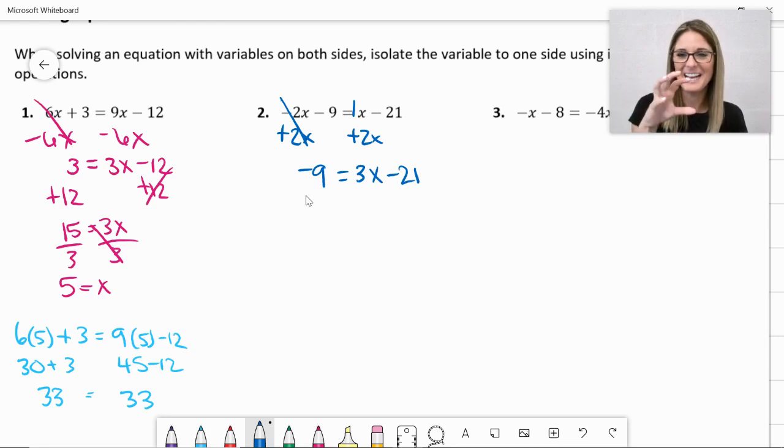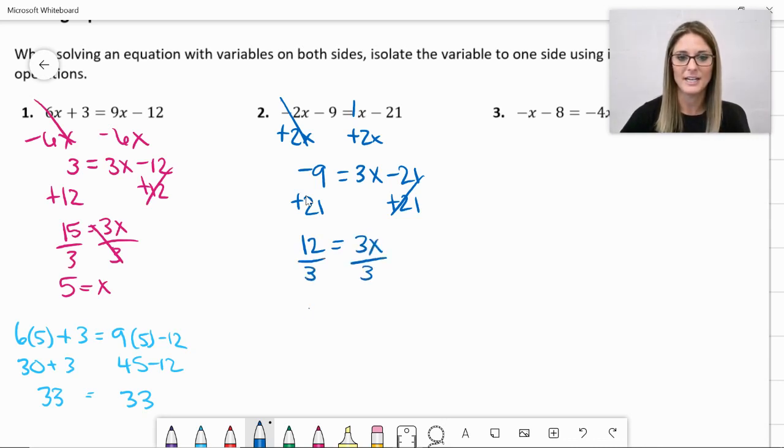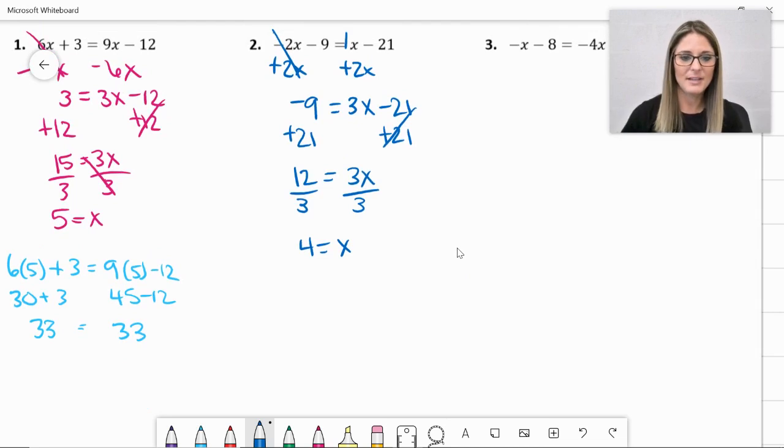From there, isolate the x by adding 21 to both sides. Negative 9 plus 21 will give us 12 equals 3x. Divide both sides by 3. 12 divided by 3 is 4. I'm going to bring it on up, and let's plug it back in.